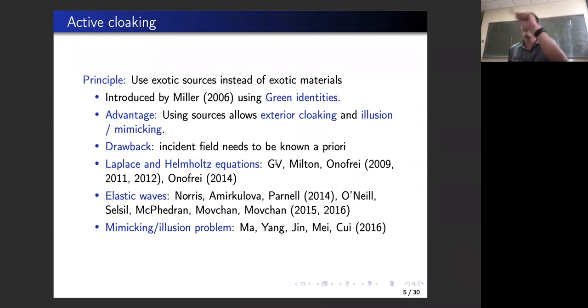Here, instead of having infinitely many sources, we just have 3 or 4 sources, let's say, and we show that that's enough to cloak a region. This approach was also successful for elastic waves, bulk, and on a plate. And it has been shown to also enable mimicking or illusion problems. So again, this is the problem where I can make an object, an apple, look like an orange, let's say.